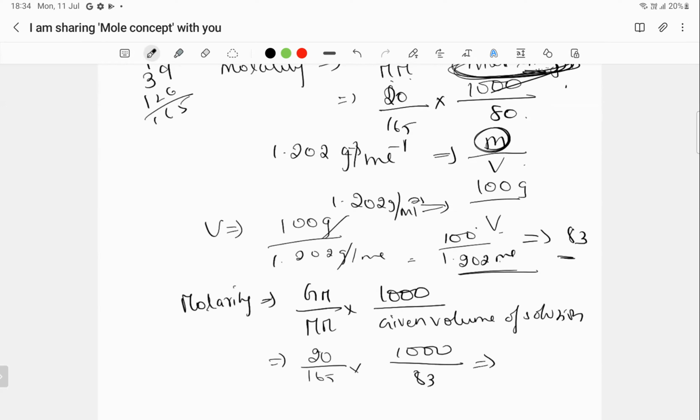We can wind up the session. Yes, 1.44 has come. No issues. 1.44 moles per liter. That's it. So this is the answer.